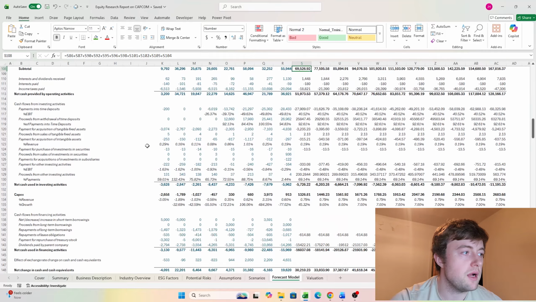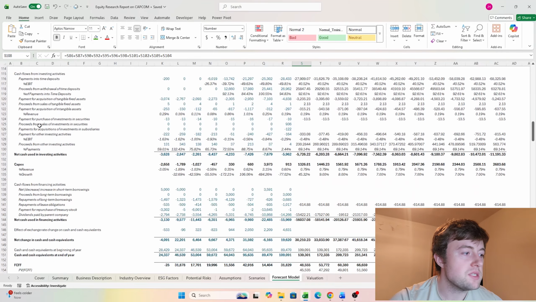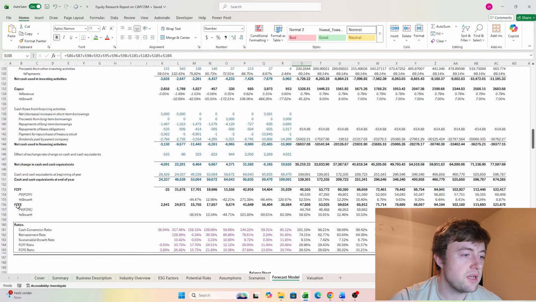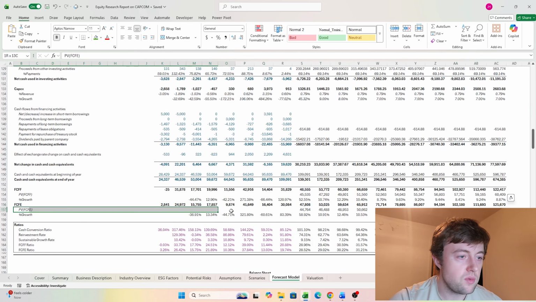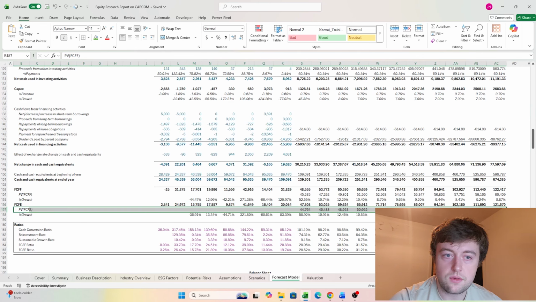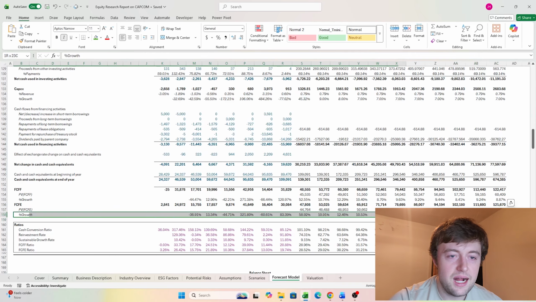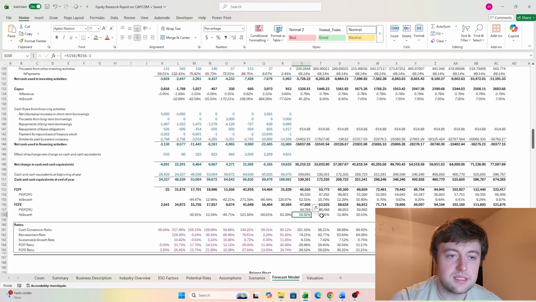We're not going to go through too much of that, but as we go down, we get our free cash flow to equity, and then we calculate the present value of the free cash flows to equity. We have to do it individually, unfortunately, rather than as a single formula in one cell. Then here I just put the growth rates, and these are just linked.